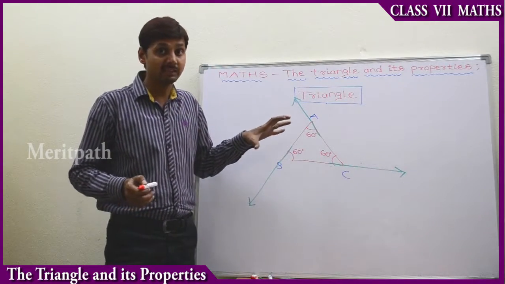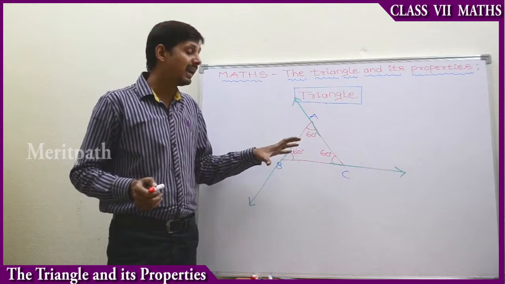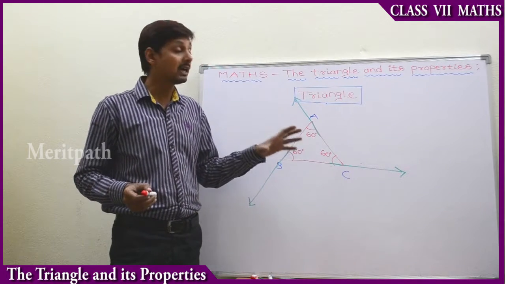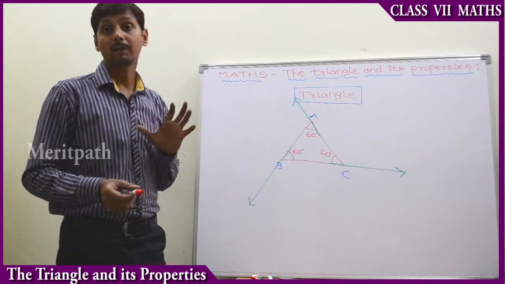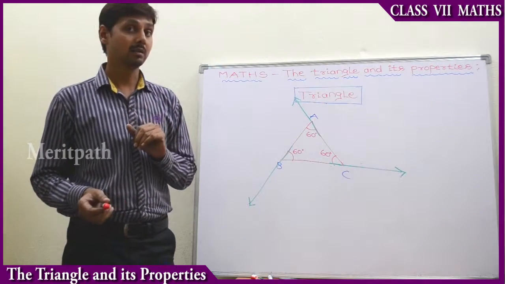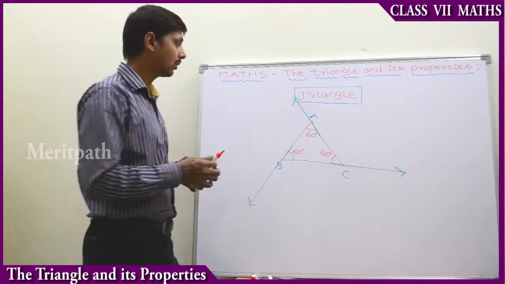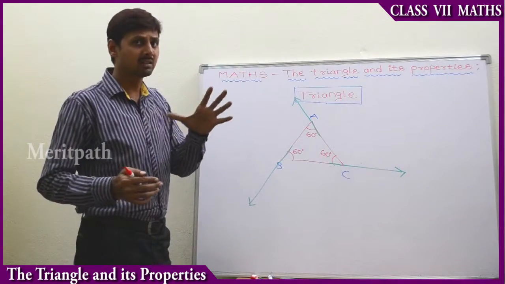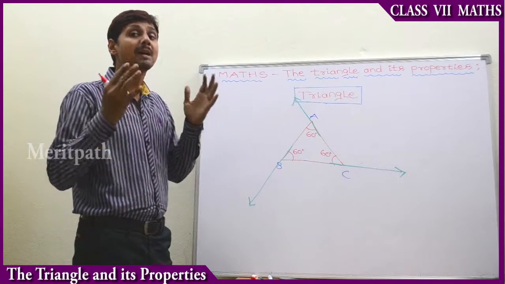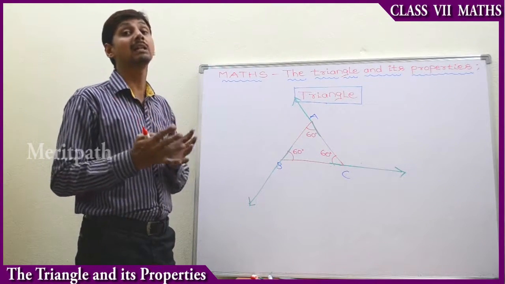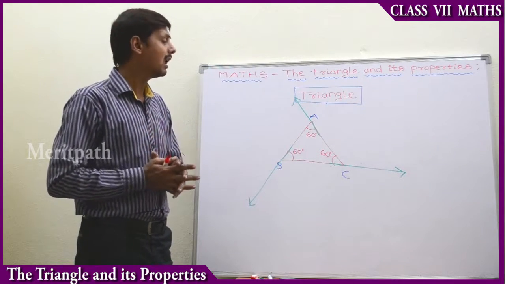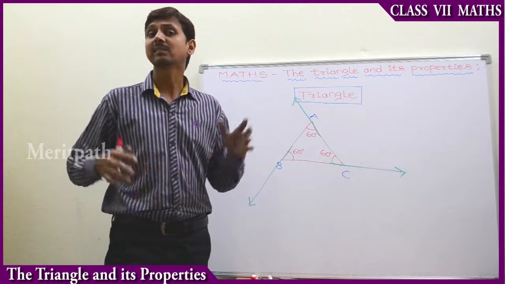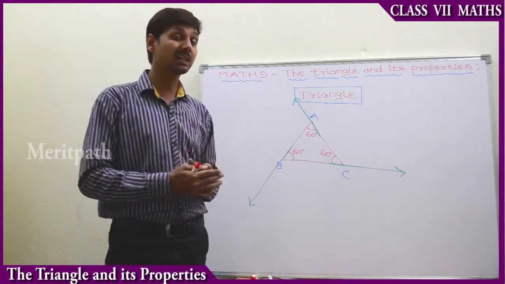Whatever angles are formed, let's find out the angles we got here: exterior angles of the triangle. Previously we discussed that the sum of interior angles of a triangle is 180 degrees, and now we are going to find the sum of exterior angles of a triangle.